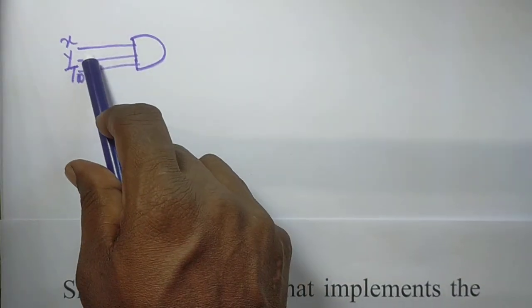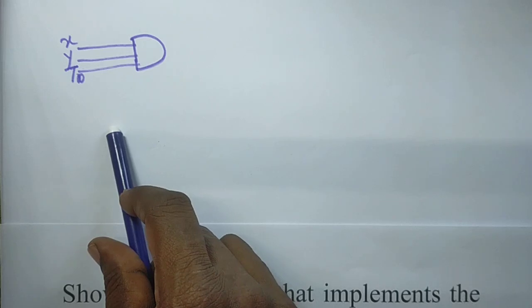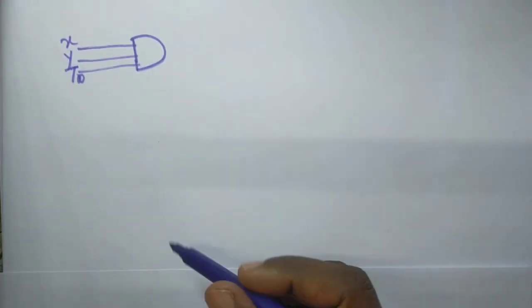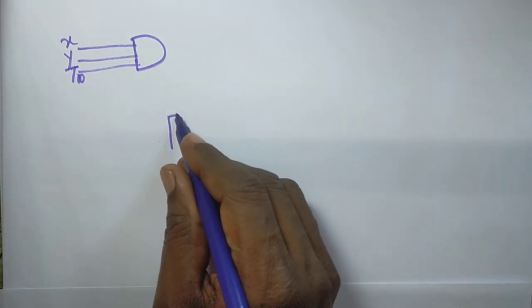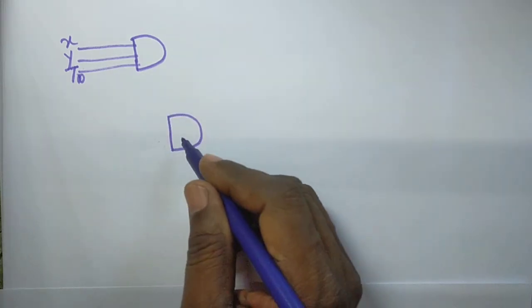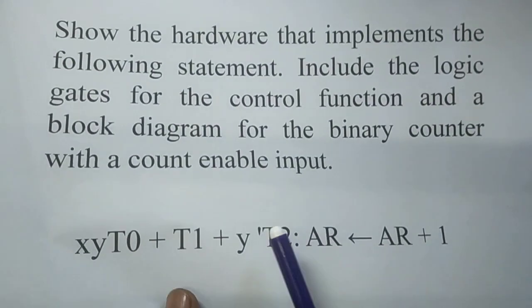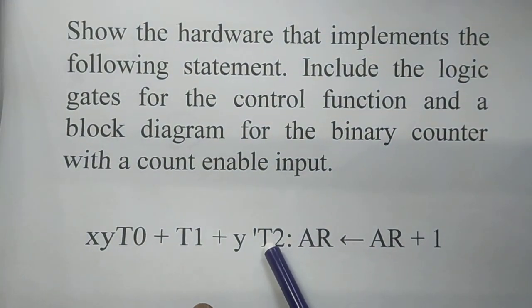Here you see y is already there, so we just connect it through a complement. Another AND gate will be considered here, in a very simple way. One input is y complement, another is t2.